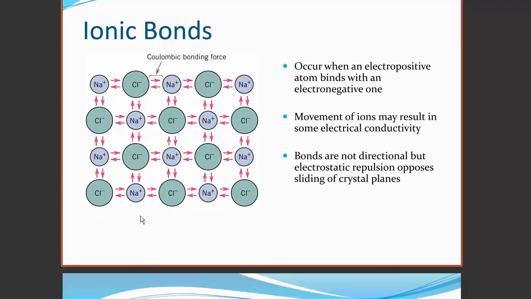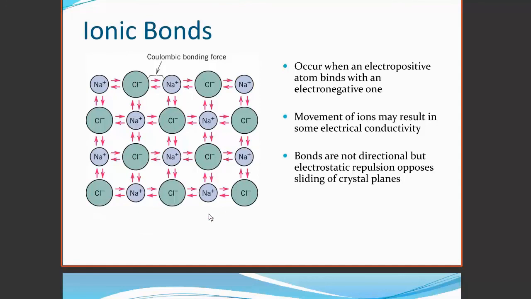Ionic bonds form in compounds between elements that have very different electronegativities, meaning that the electrons, rather than being shared, are captured by the electronegative element in the compound.